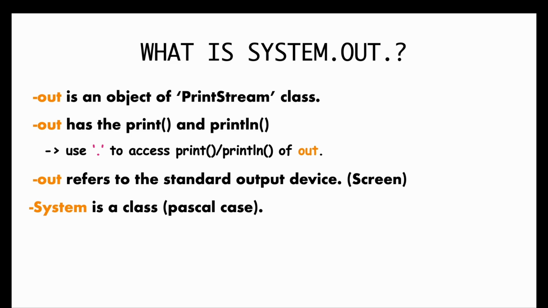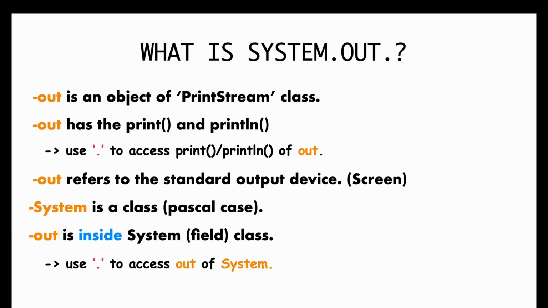And we studied that Pascal case notation in Java is usually used for defining class names, thus indicating System is a class. Inside the System class, there is a field called out. In order to use this out field, we can also access it using the same dot notation. Thus, System.out.println is the chain of invocation that we use to display messages to the output.